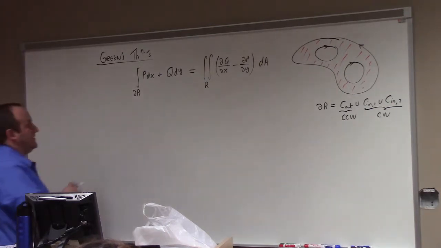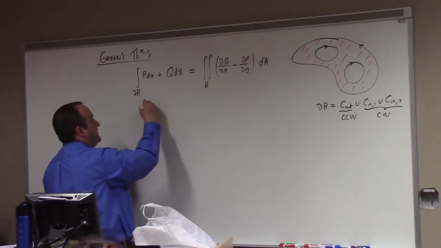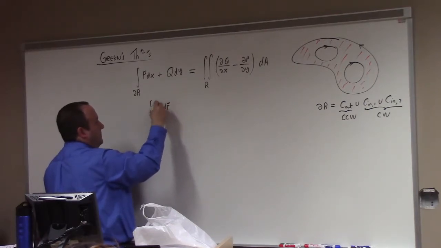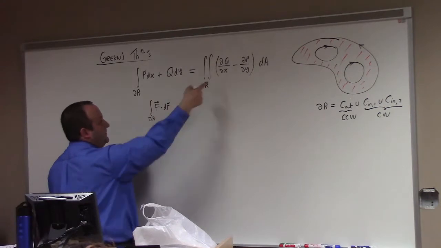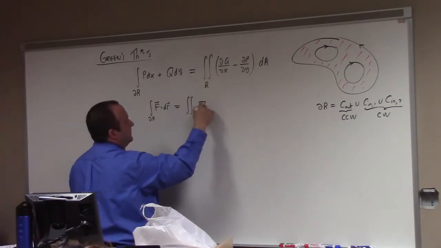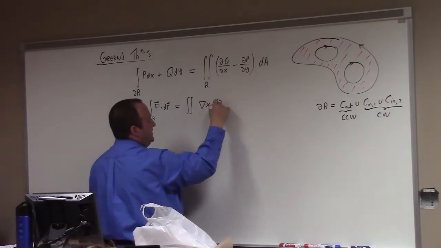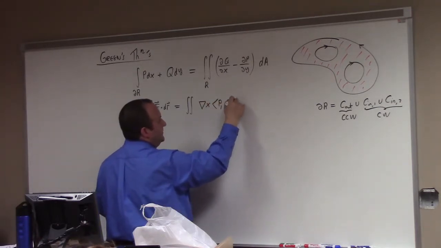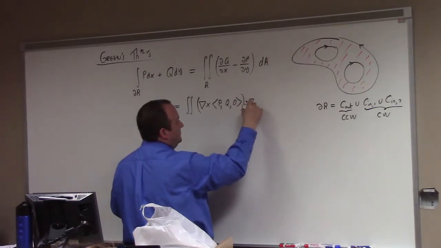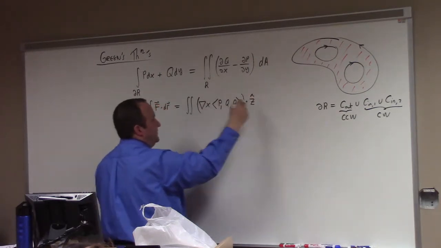Now this, of course, is the integral of F dot dr over the boundary of R. And on the other side, we have the integral over the curl of the vector field P, Q, 0. And it's actually the z component of that, if you want me to get technical. Not that you do, but I'm going to.